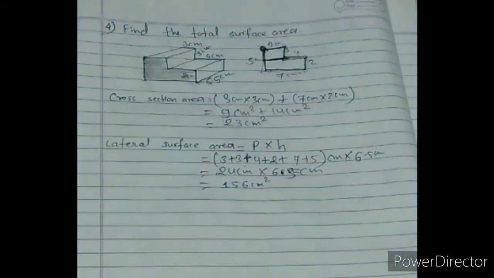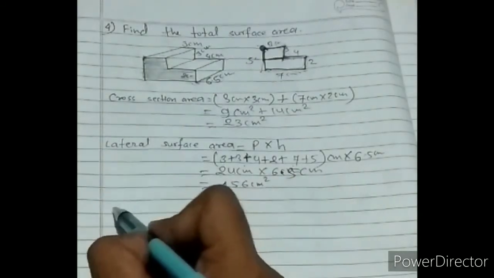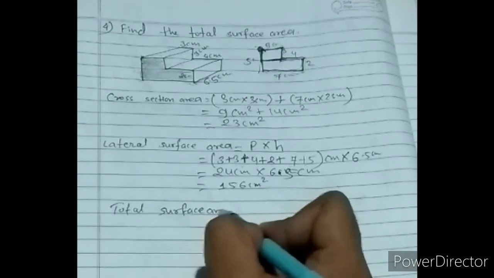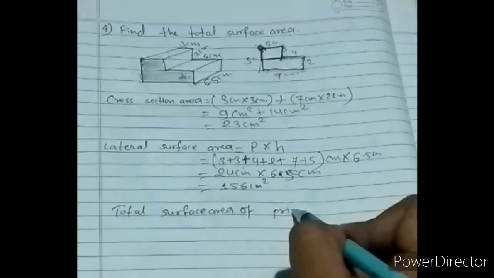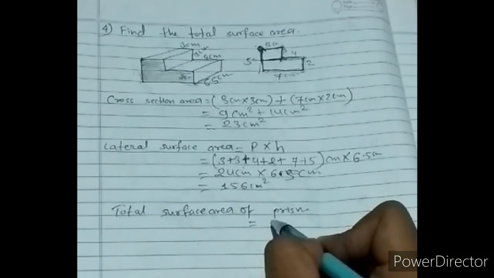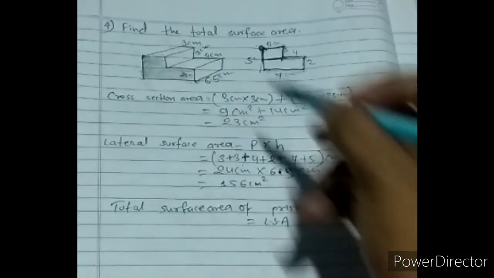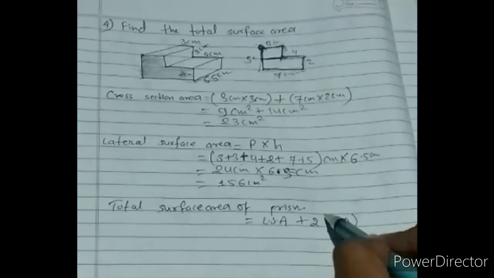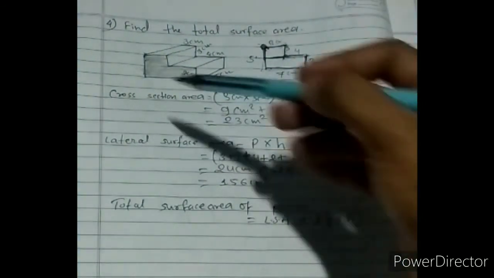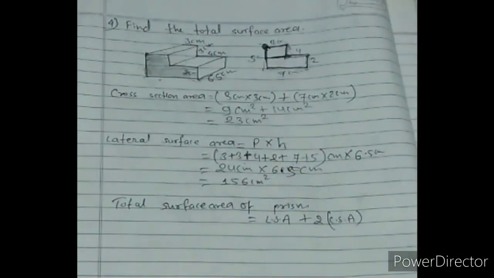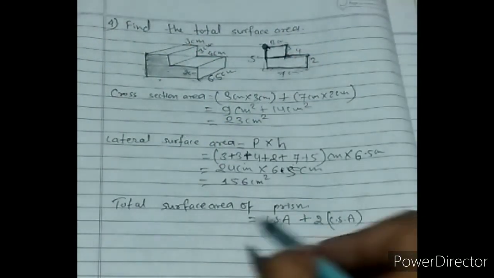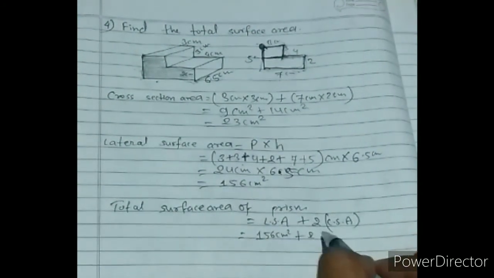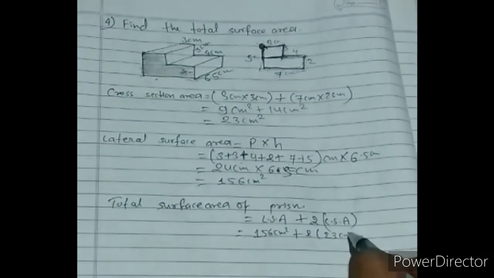Now after getting cross section area and lateral surface area only, we can get total surface area of prism. What was the formula? Lateral surface area plus 2 times of cross section area, because here is 1 L, backside also there is another L. Lateral surface area we have got 156, cross section area 23.